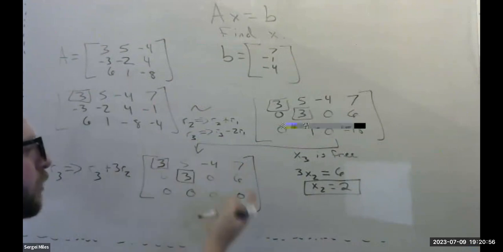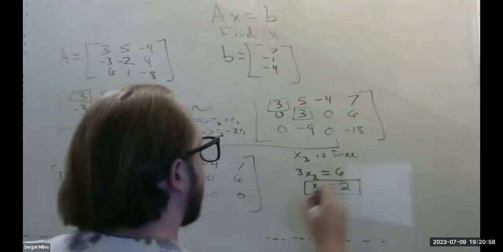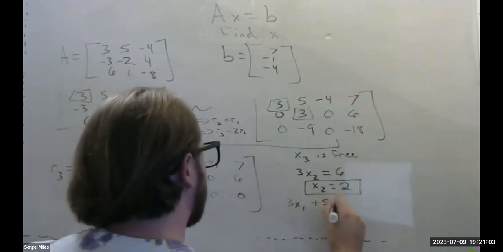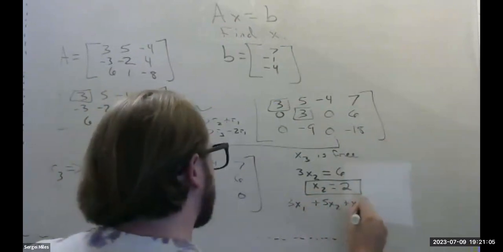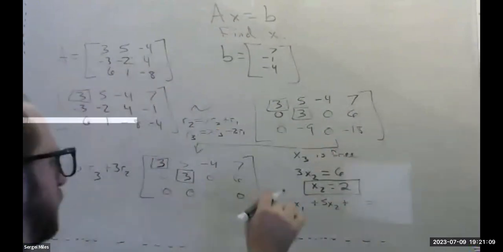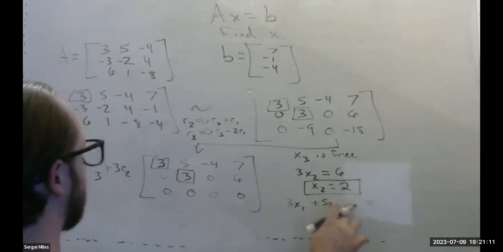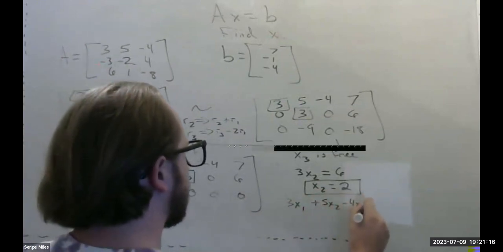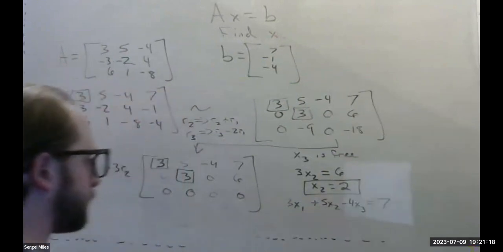Because if I think about writing row 1 as an equation, I'm going to have 3x1 plus 5x2 plus x3. Oops, hold on. I made a mistake. 3x1 plus 5x2 minus 4x3 equals 7.